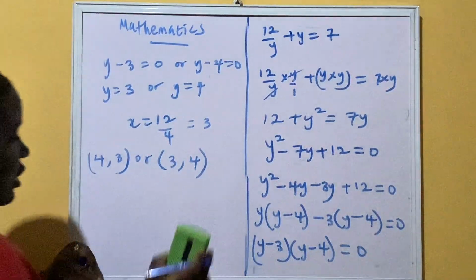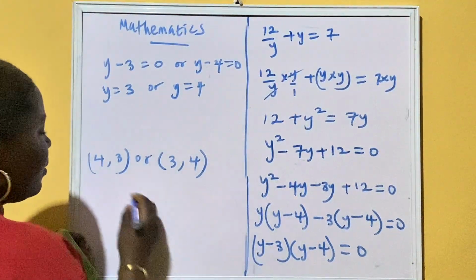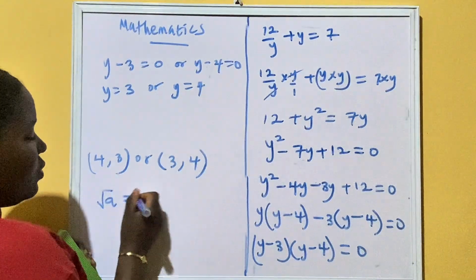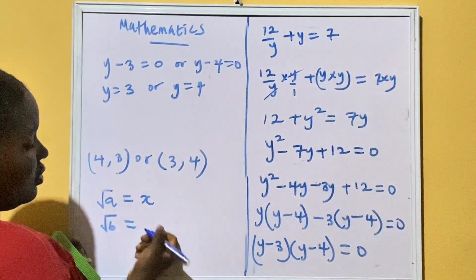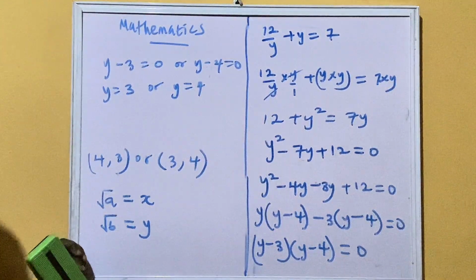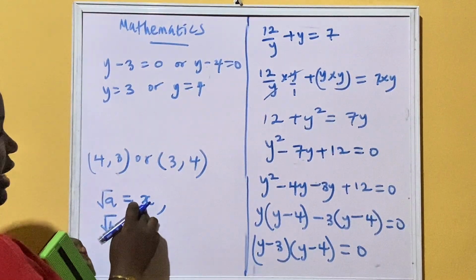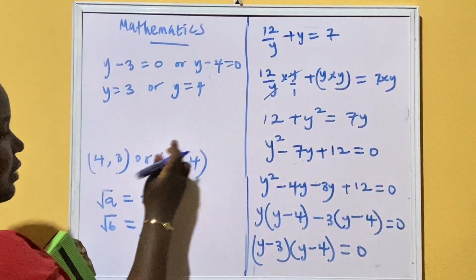So whichever value. Now remember earlier we said that the square root of a is equal to x, and the square root of b is equal to y.